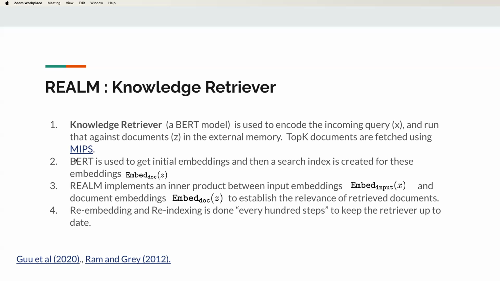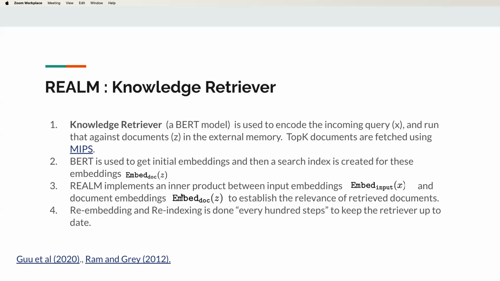Also, BERT is used to get initial embeddings, and this answers your question as well: initially you would have a search embedding space and consequently a search index created out of BERT, and then you would update it periodically. It implements an inner product search between your input embeddings, where input X is a query that you pass to the model, and your document embeddings Z, which you create off of Wikipedia.